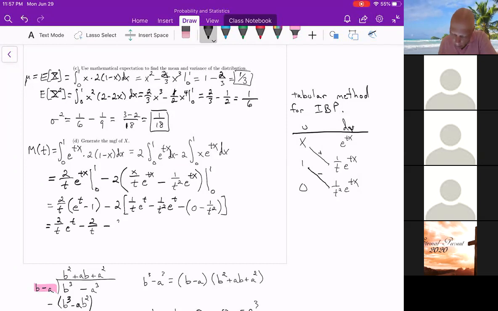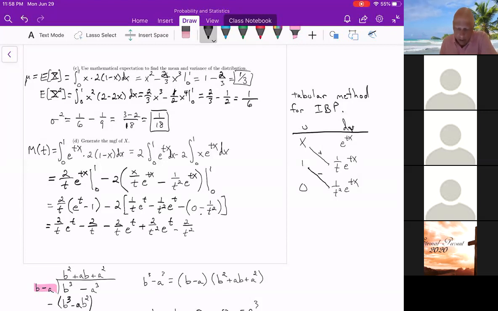So we've got 2 over t e to the t, plus, because that 2 is negated, 2 over t squared e to the t, minus, because it's negative 2 times the negative outside the parentheses times the negative inside the parentheses, so minus 2 over t squared.